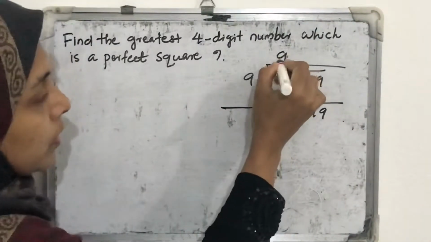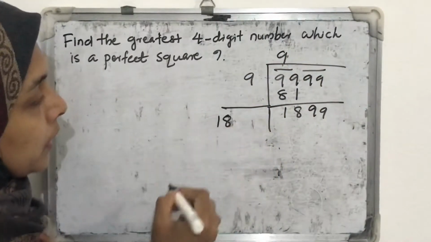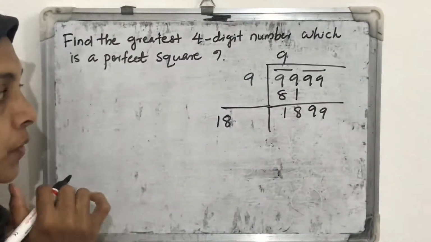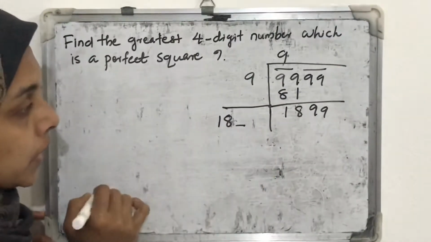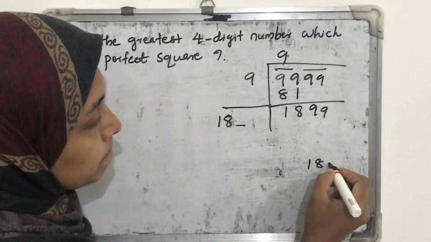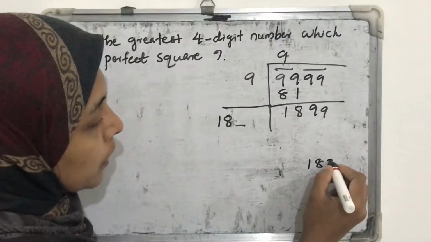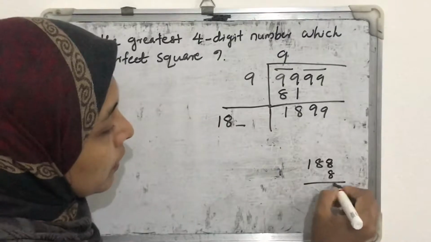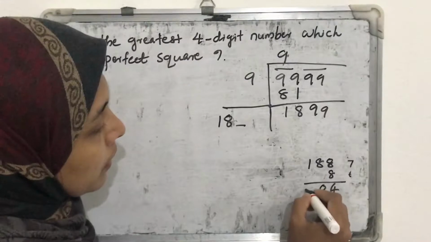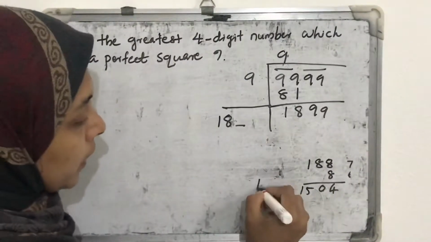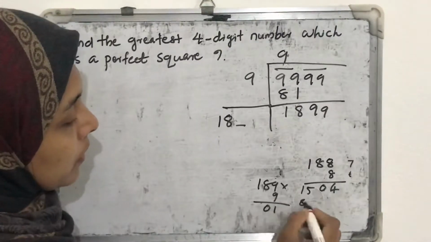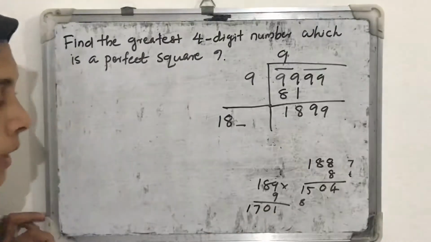Then what is double of 9? 18. Which digit should we write so that when we multiply that same digit with this number, we get a product less than 1899? We can check: 188 into 8 is 1504, and 189 into 9 is 1701.